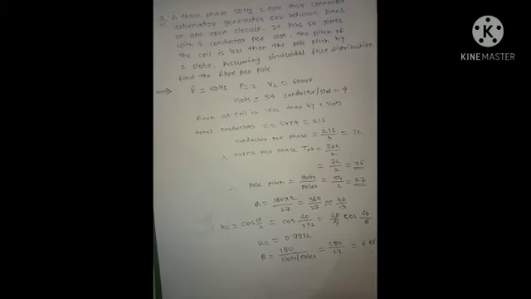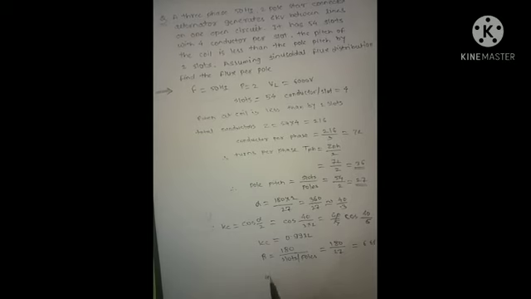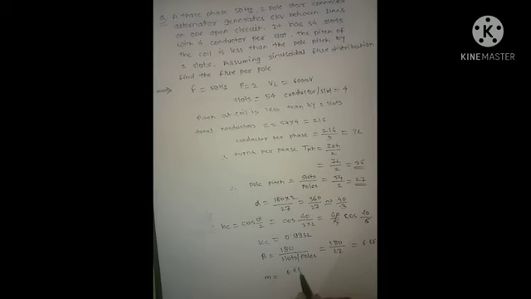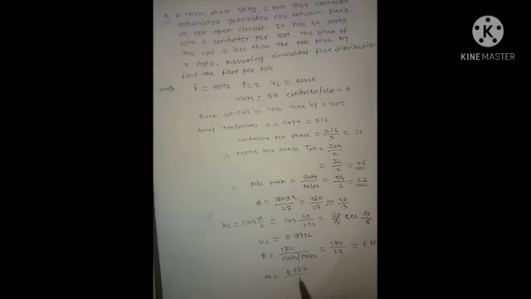Okay, so small m equals number of slots per pole per phase. Therefore small m equals 6.667 divided by 3 equals 2.223.